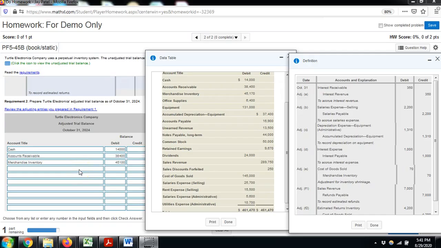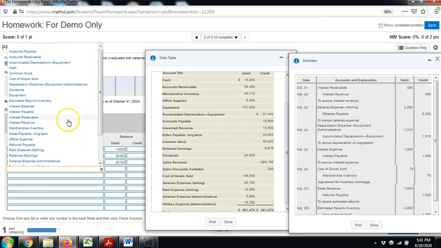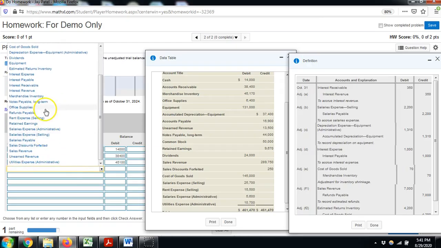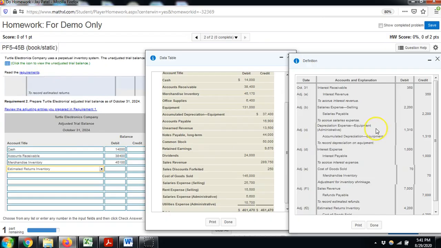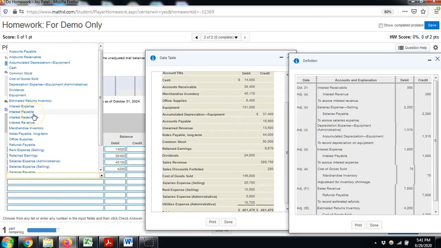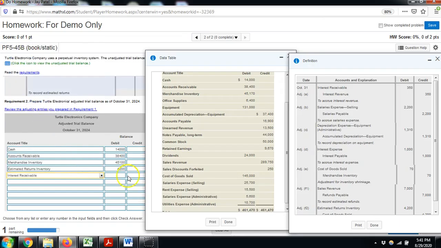And I'm going to do something a little unorthodox. Let's see how this is going to respond. But basically, let's add in our estimate for the returns for inventory. And that was 4,200 debit. We also have our interest receivable of 350.